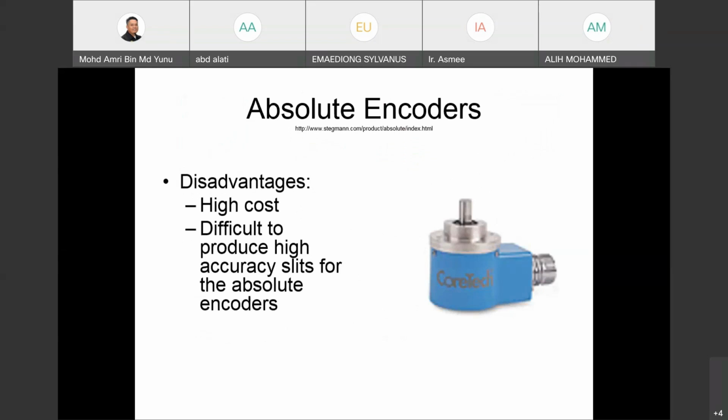The disadvantages are high cost, because of the integrated design of the rotating disc, and difficulty in producing high accuracy.